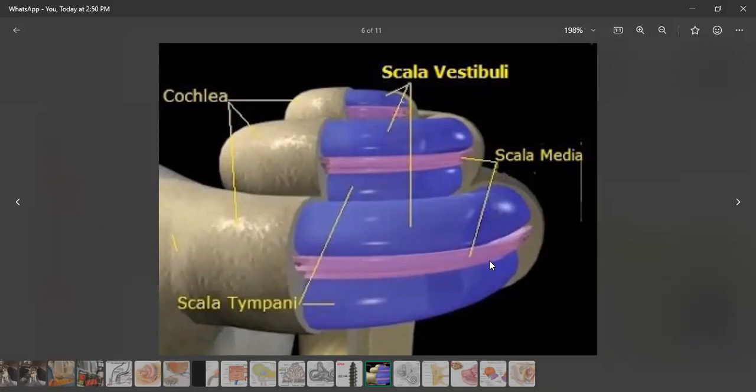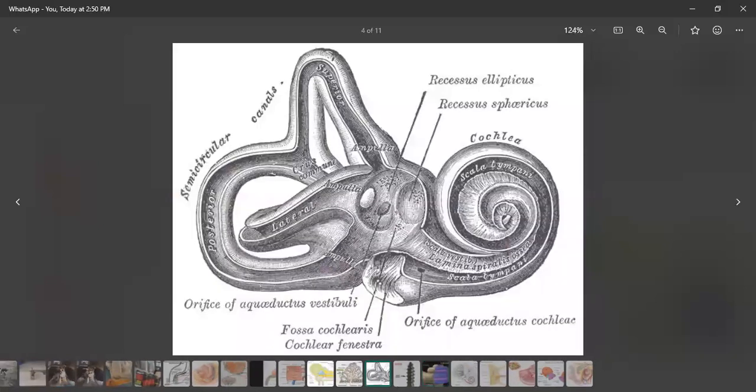So you will see it here, here, and here. Here is another diagram showing that. This is the spiral lamina, and on that you have the scala vestibuli, which is the membranous part of the cochlea.